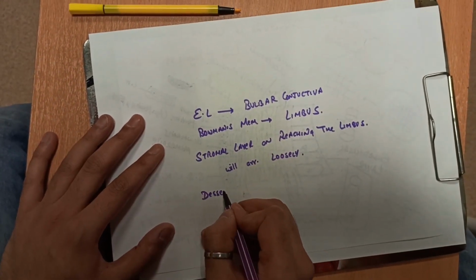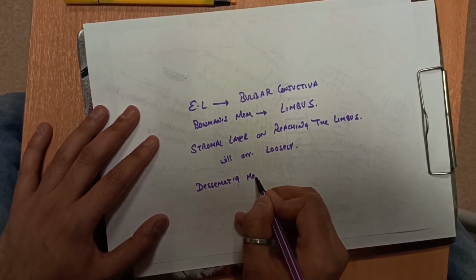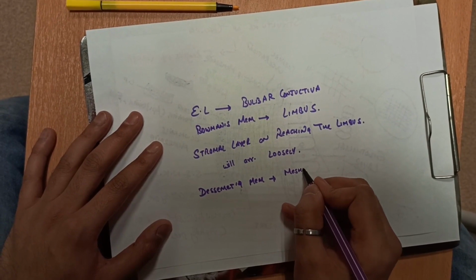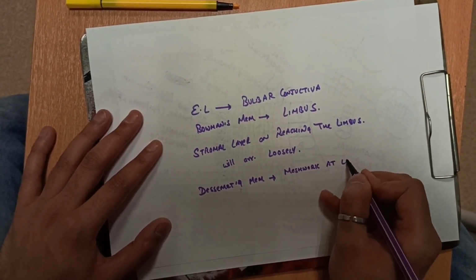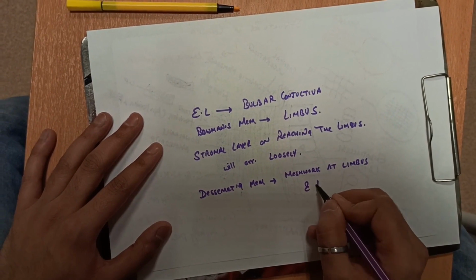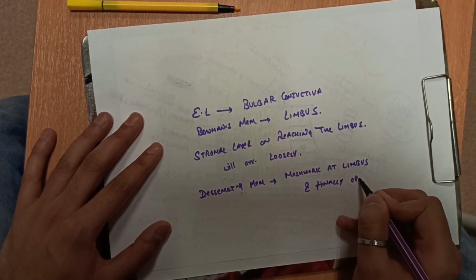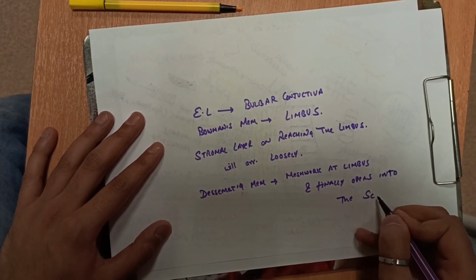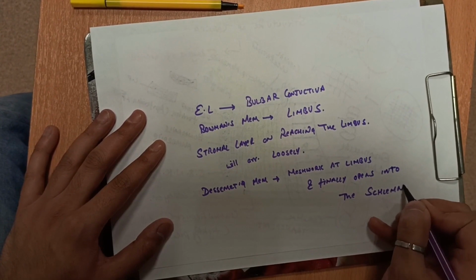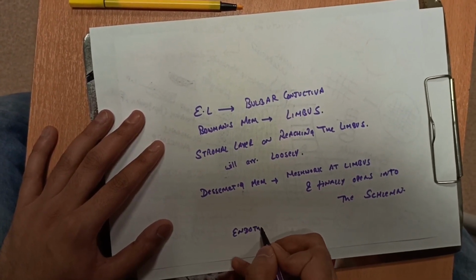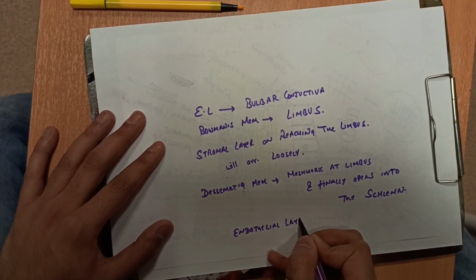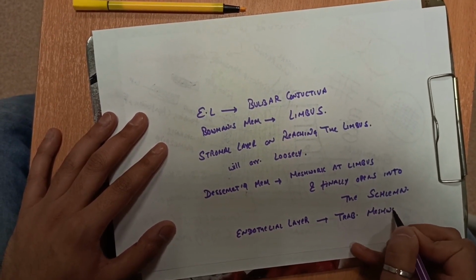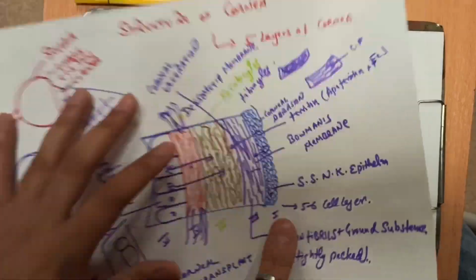Coming on to the Descemet's membrane, this also forms a meshwork at the limbus and finally opens into the canal of Schlemm. The endothelial layer also forms a trabecular meshwork. Now this was the diagram which I made in front of you.